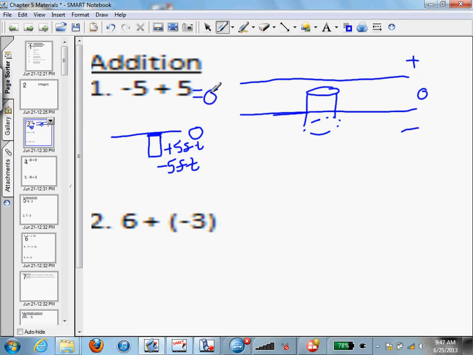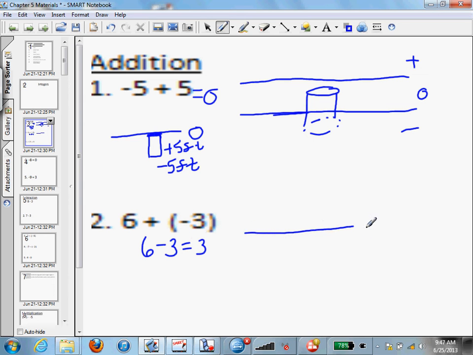Okay, if we look at number 2, the only thing that we see is that 6 plus this quantity negative 3. Well, you can kind of think of this as the following. 6 minus 3, which you can probably solve as 3.